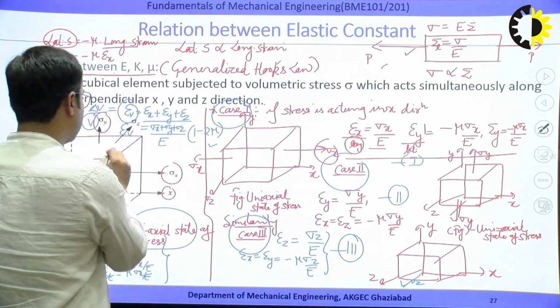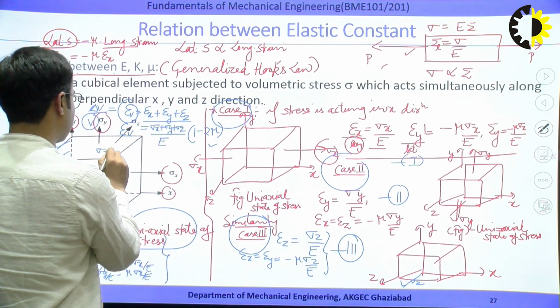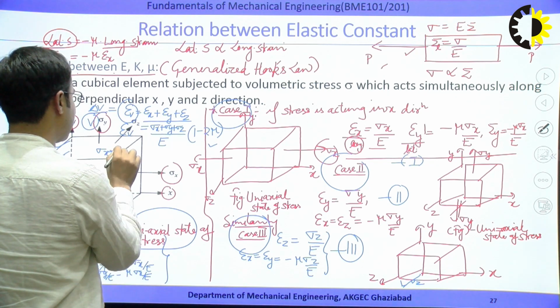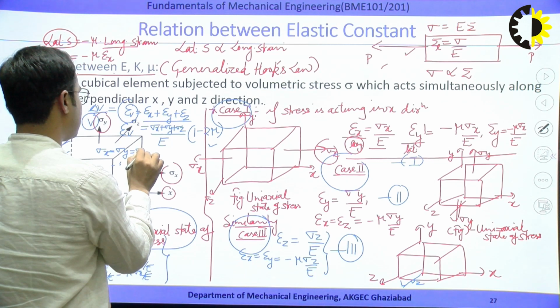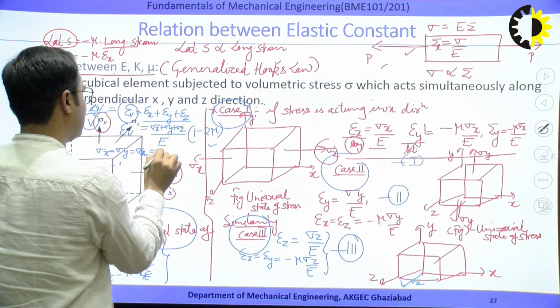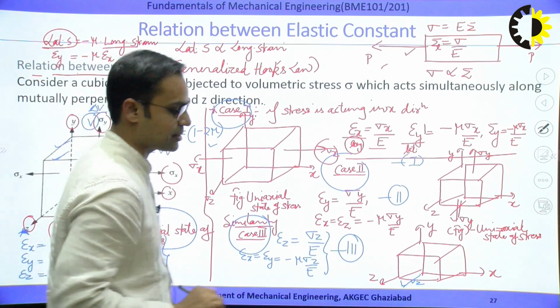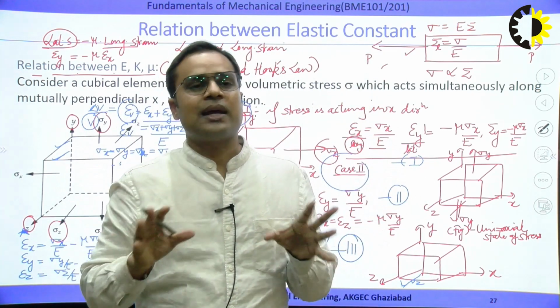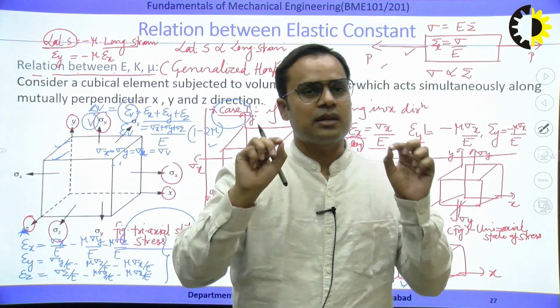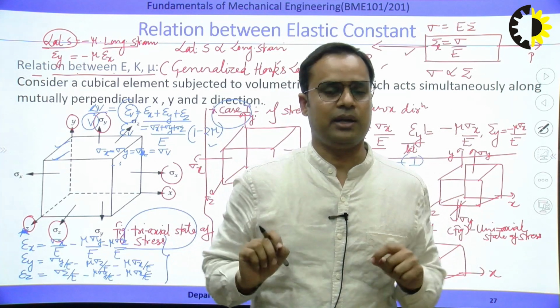Now if I am considering the volumetric stress, when will the triaxial stress become volumetric stress? When the stress in all the directions is the same, that is equal to the volumetric stress. Till now the case we have considered is the triaxial state of stress, meaning the stress acting in all three directions is different.